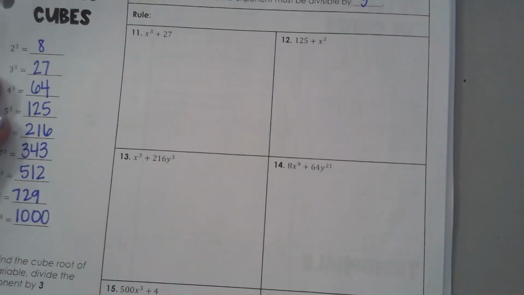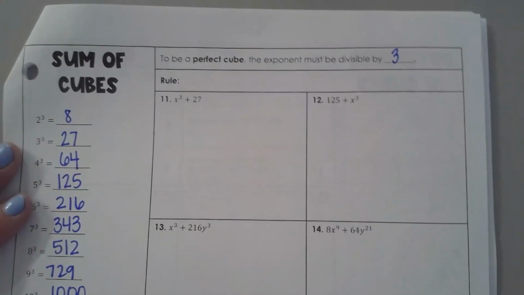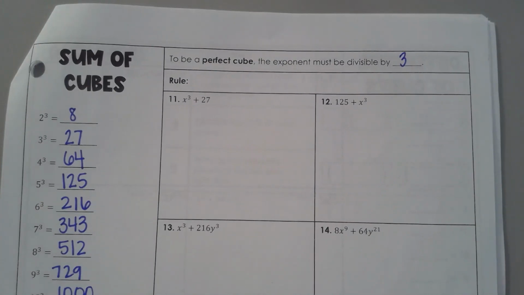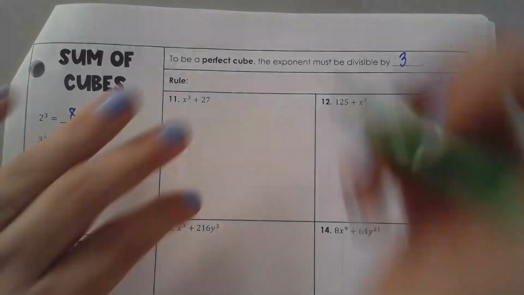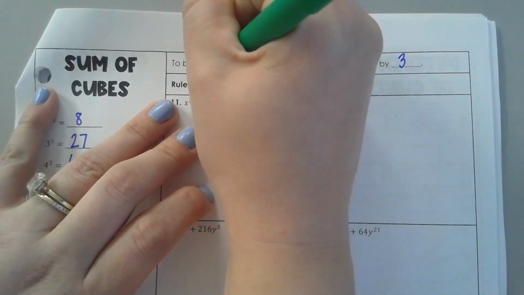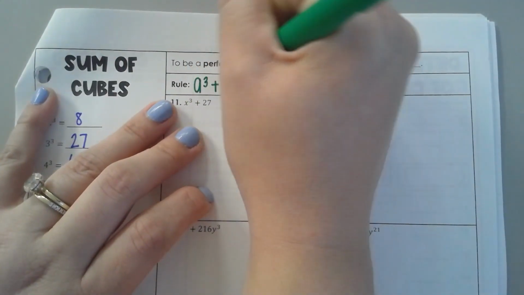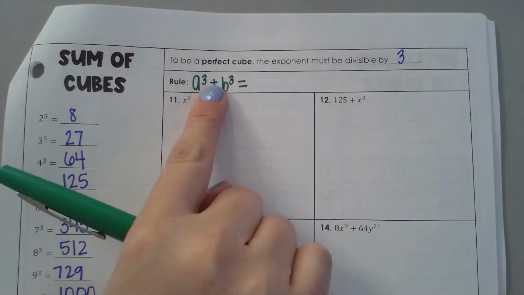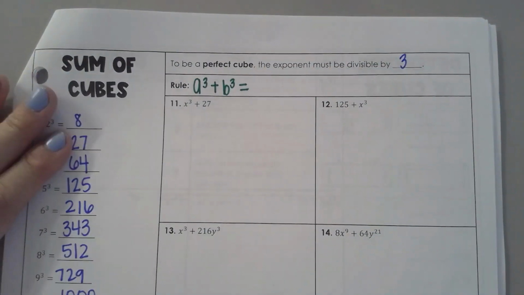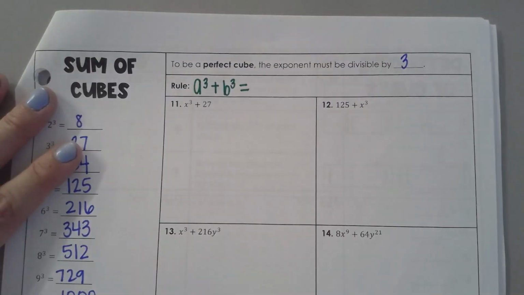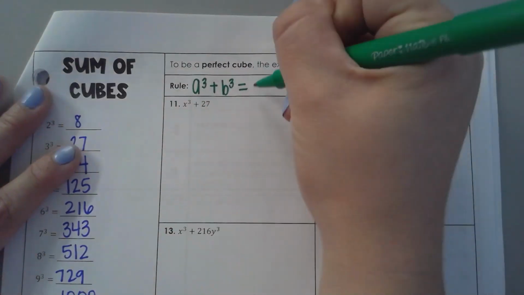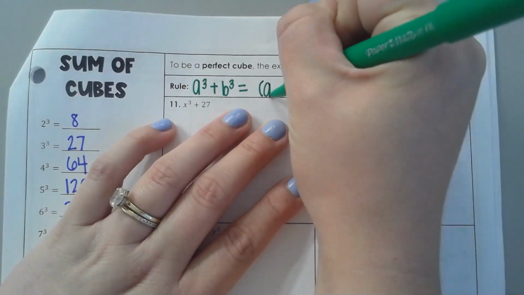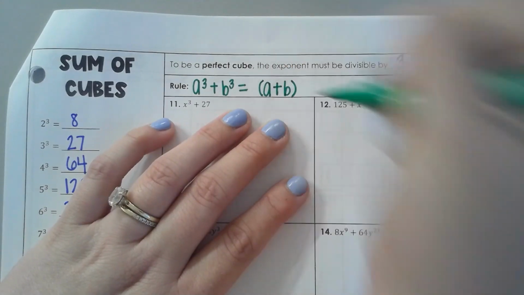Here's the rule for sum of cubes. It's longer, a little bit more difficult. If I have a cubed plus b cubed, a sum, I'm adding two perfect cubes. In one parenthesis, it's a plus b.